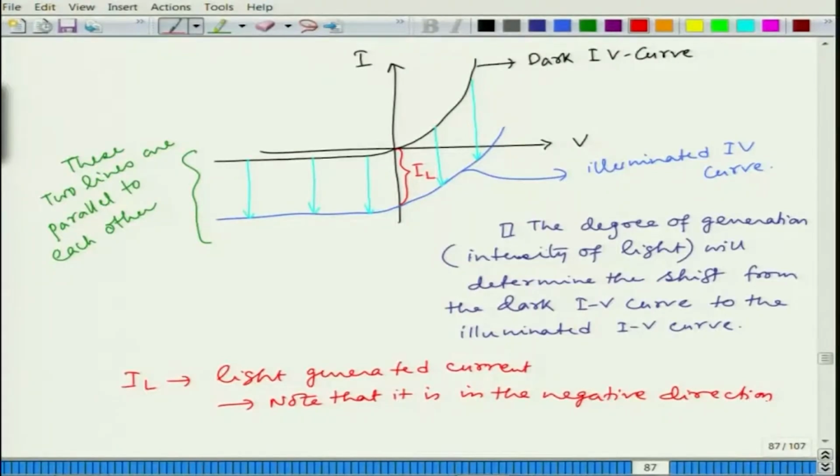Current is positive when it is flowing according to the forward bias direction. Okay. Here it is happening in the opposite direction, that is why we are calling it negative direction.